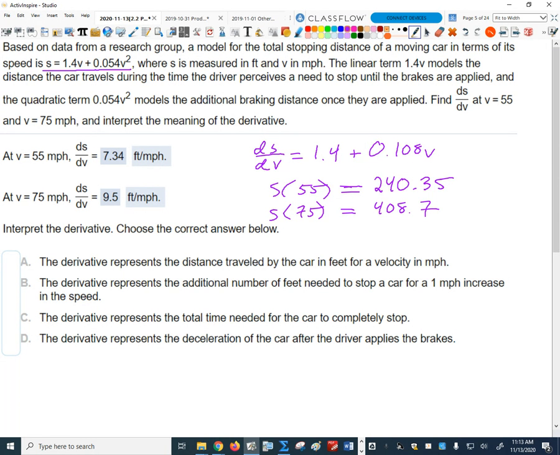Okay, well, there's a couple reasons why you don't want to drive a car too fast. One of them is because look at that. Even though you only increased your, what is 75 divided by 55 real quick? It's a decimal. Okay, what is 408.7 divided by 240.35?